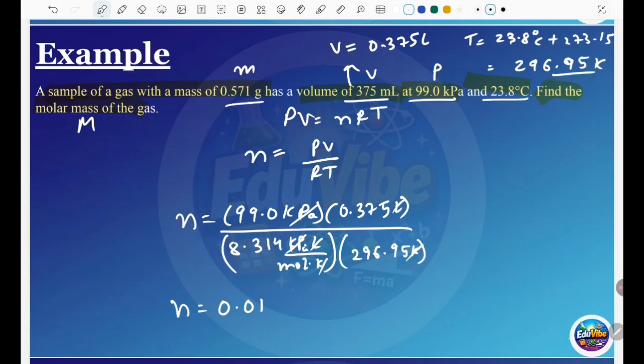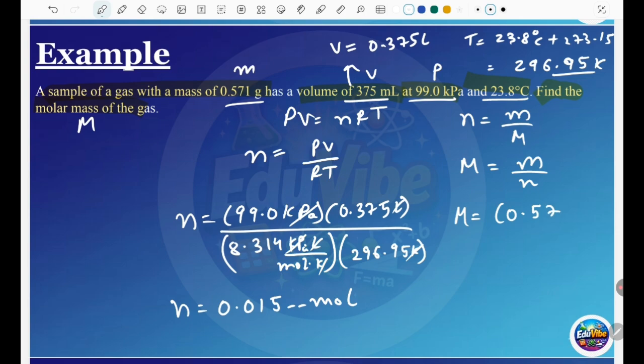You get about 0.015 moles. And you know that n is equal to mass upon molar mass, so the molar mass is equal to the mass upon the chemical amount of the gas, which is n. The mass is 0.571 grams, n is 0.015 moles. And what is the molar mass now?